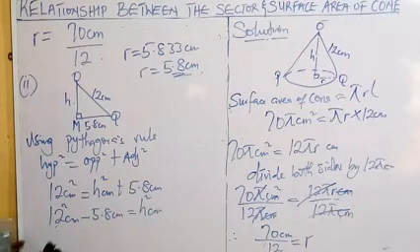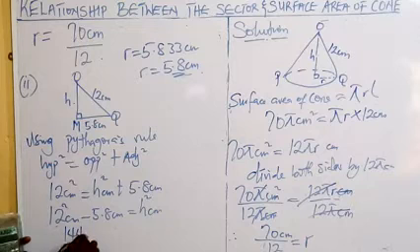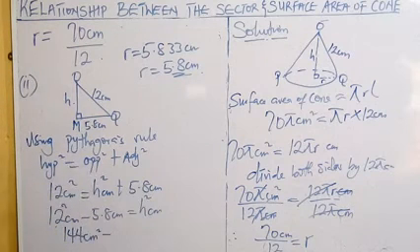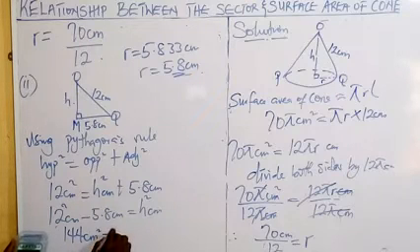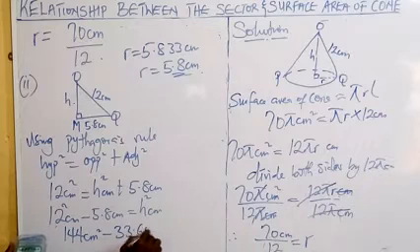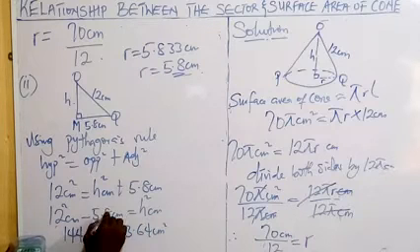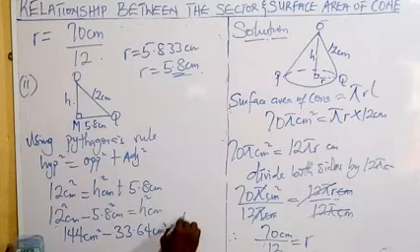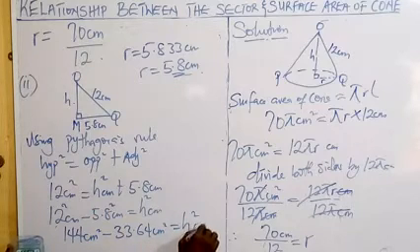So let's use our calculator. This is 144 centimeter squared minus 5.8 squared. 5.8 squared gave us 33.64. So 33.64 centimeter squared equals h squared centimeter.